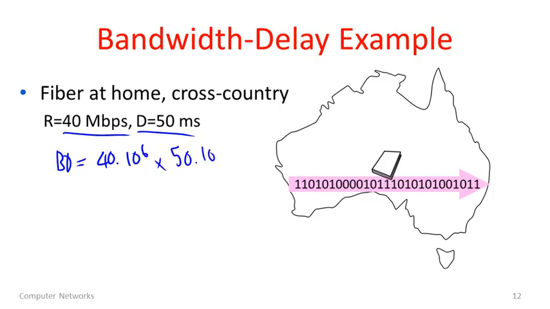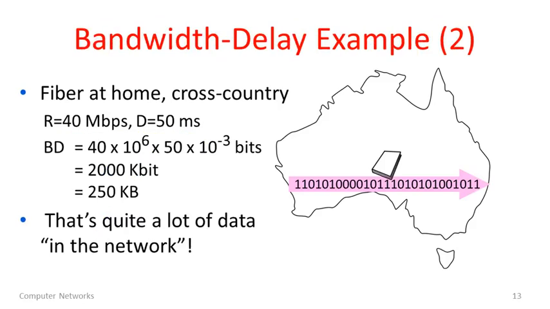So that's 50 times 10 to the minus 3. Putting that together, we have 2000 times 10 to the 3. And that's in bits, so if I convert that to bytes, we'll have 250 kilobytes, the 10 to the 3 being a kilo. So 250 kilobytes.